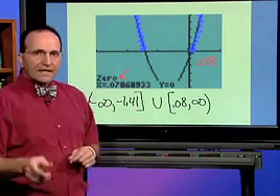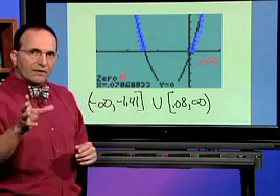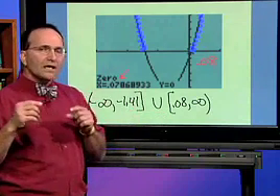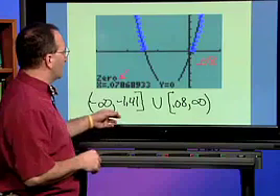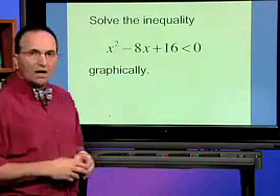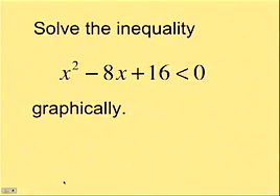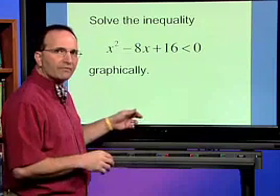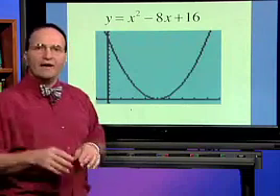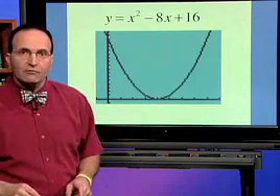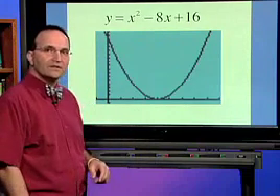Now I want to look at a very interesting example of solving a quadratic inequality using the graphing calculator. And here it is. Solve the inequality x squared minus 8x plus 16 is less than 0, and solve it graphically. So in this particular case, let's take a look right at the graph, because what we find is this: no points on the graph lie below the x-axis.